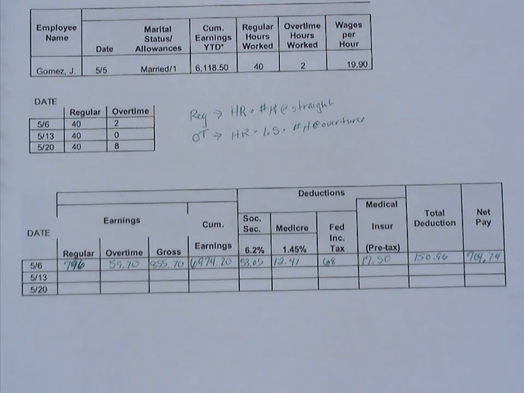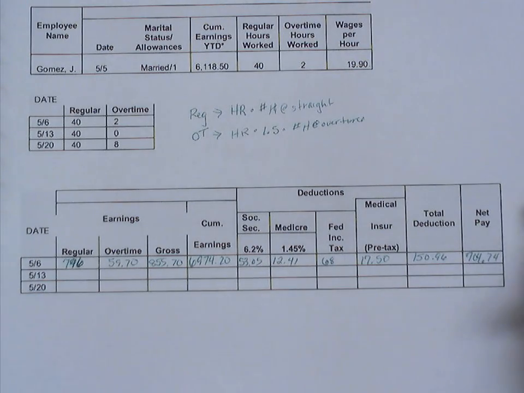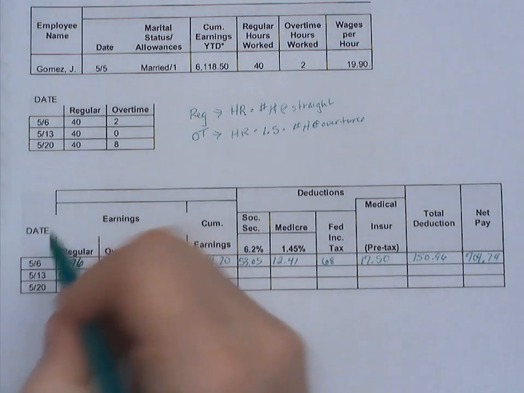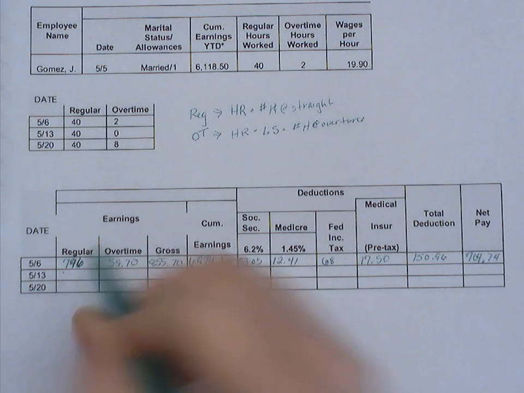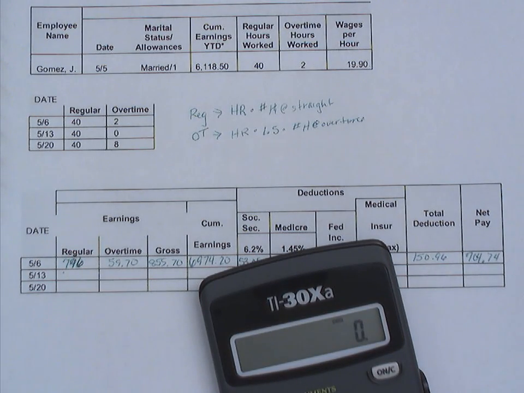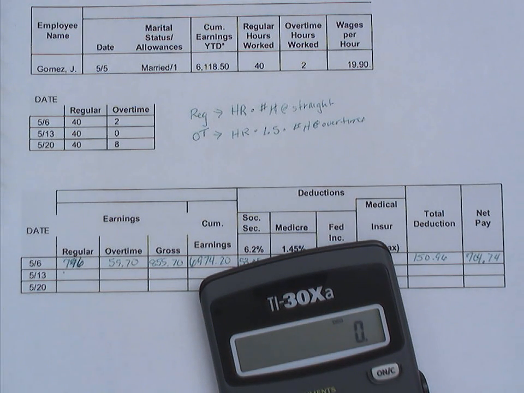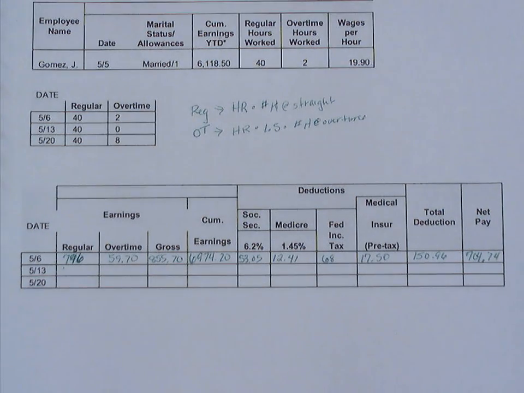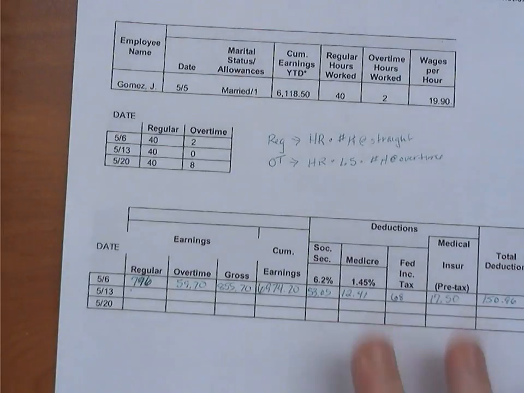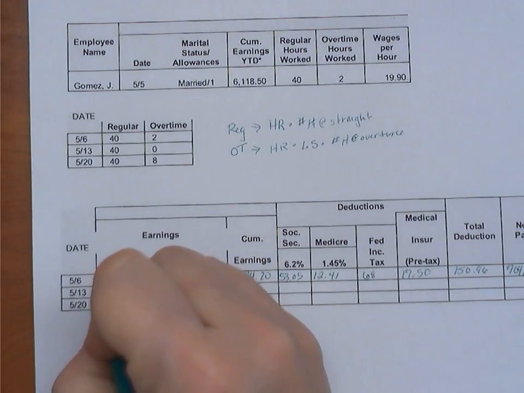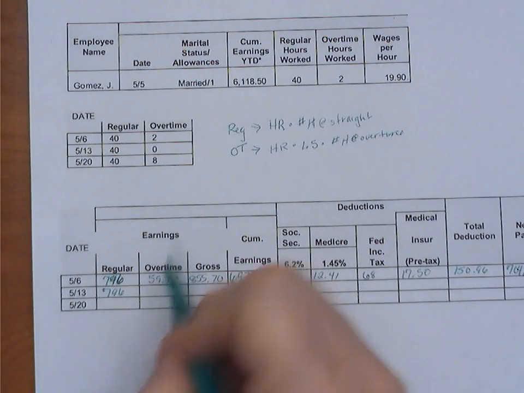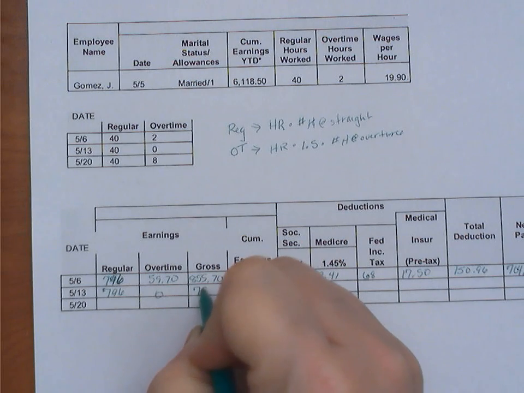Okay, so let's do the next week. This week he has regular hours of 40. That's going to be the same, so $796. He has 0 overtime, so his gross pay is $796.